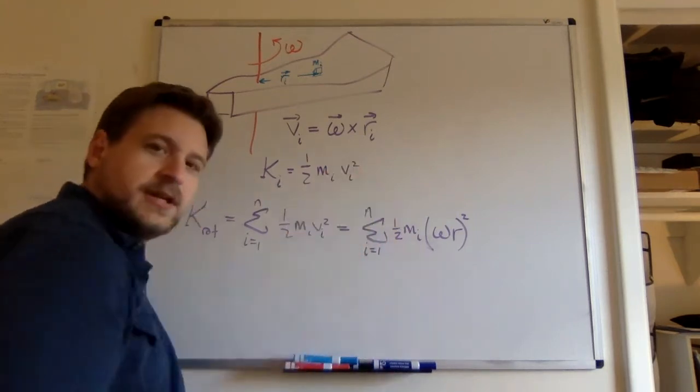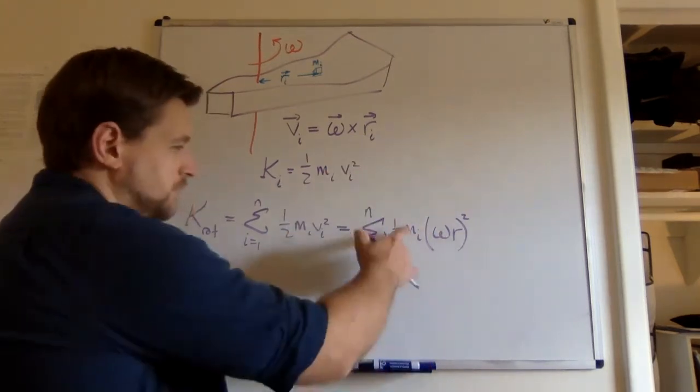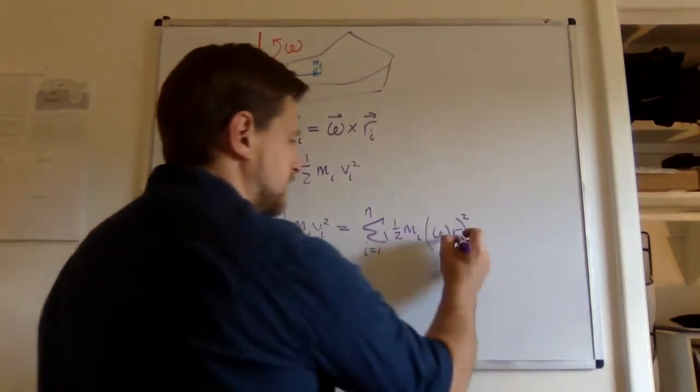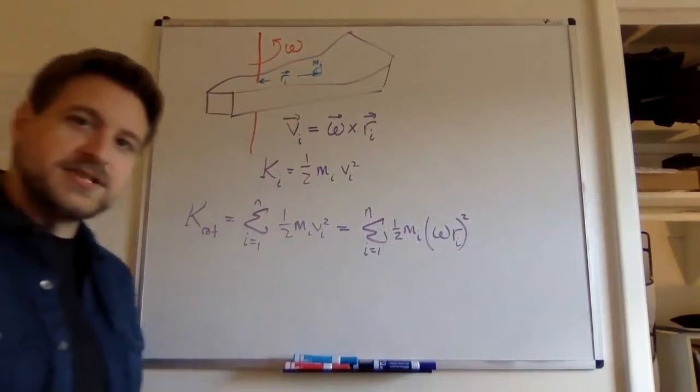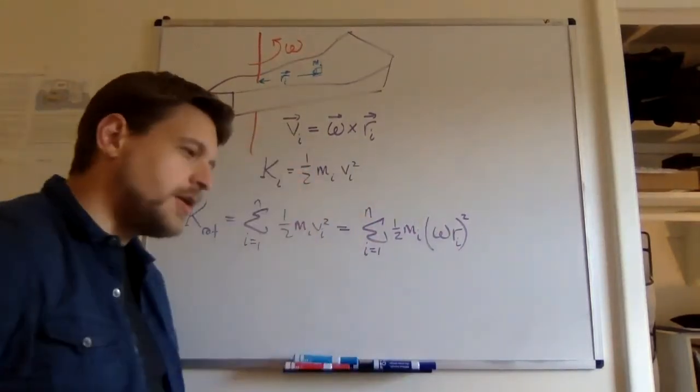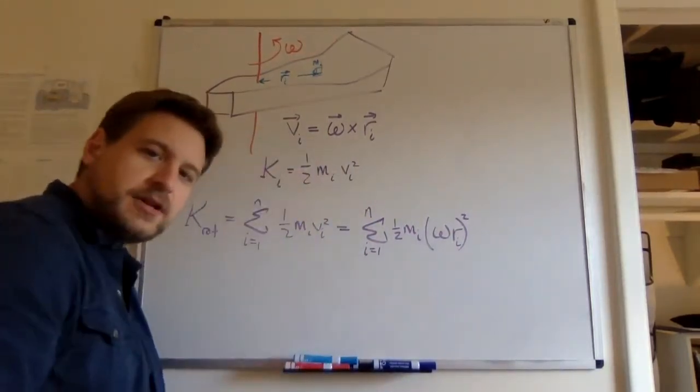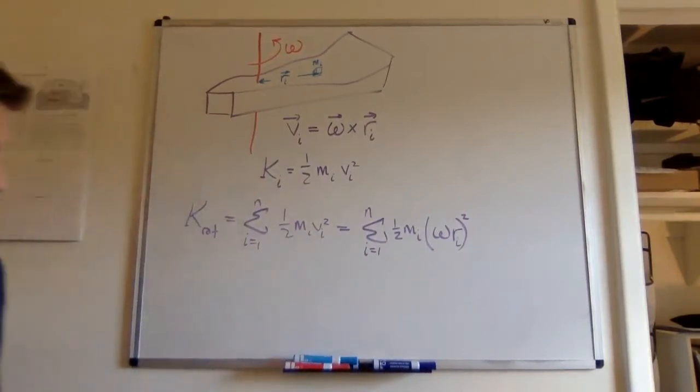Okay, now serving mass number 4, come on up. What's your mass? How far away are you from the axis of rotation? I can calculate your speed and then your kinetic energy. And mass number 5, all of the masses in the object, add them all up. That's the total kinetic energy.